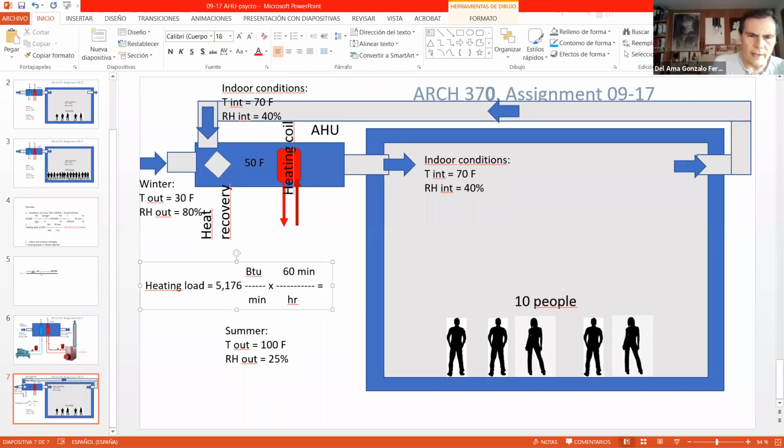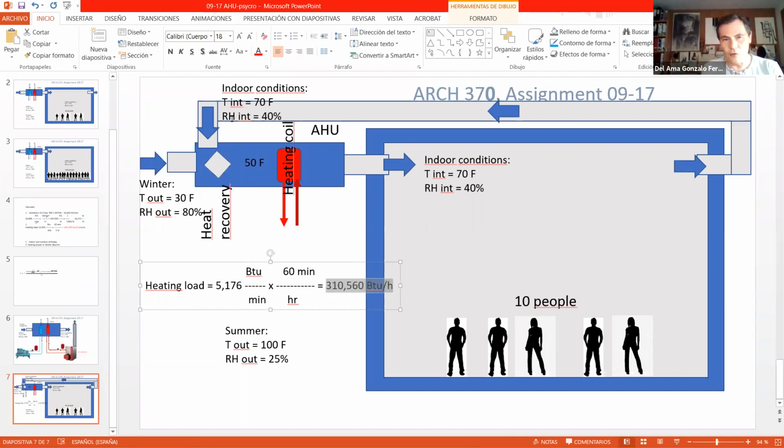Okay, so my heating load is 5,176 times 60, 310,560 BTU per hour.